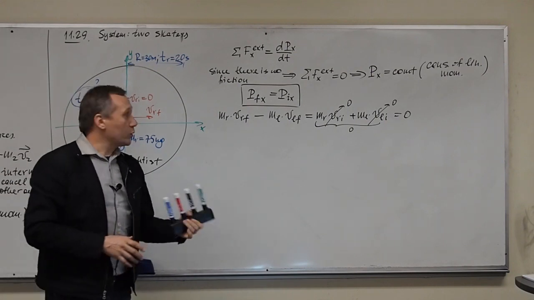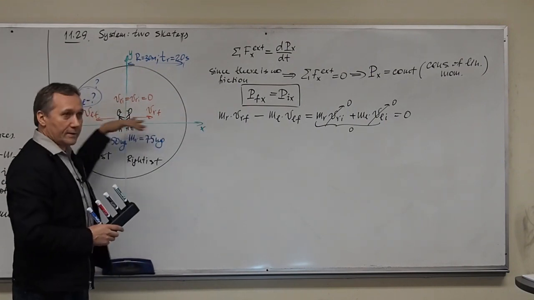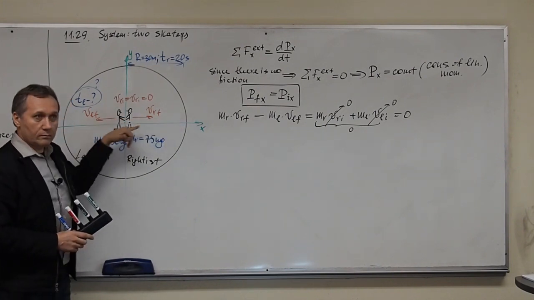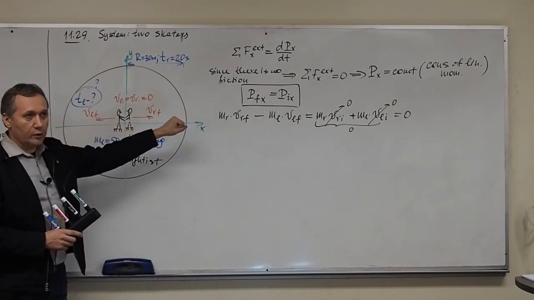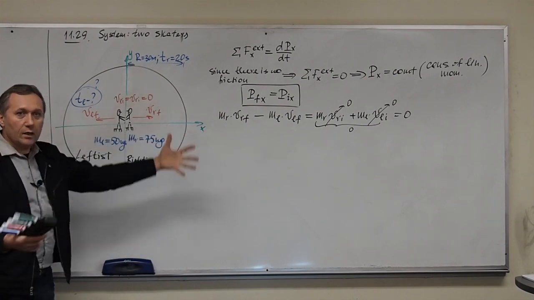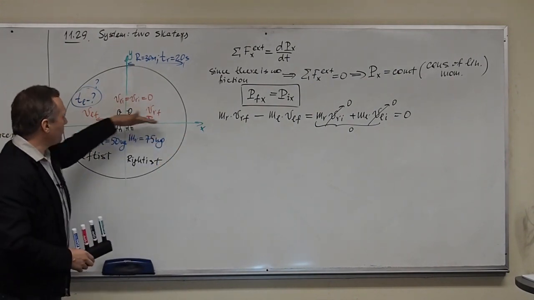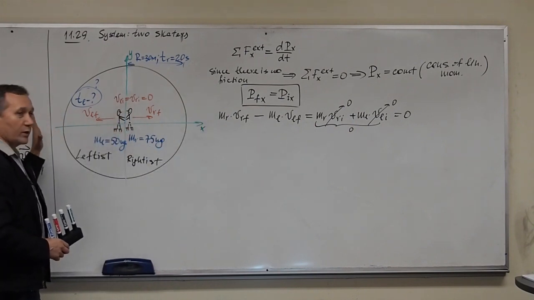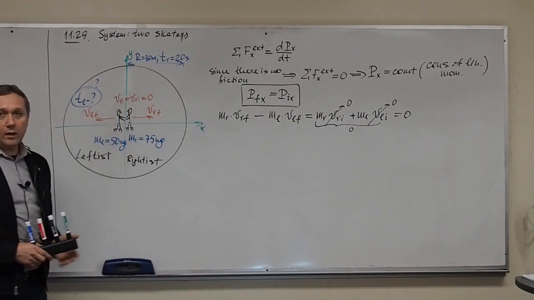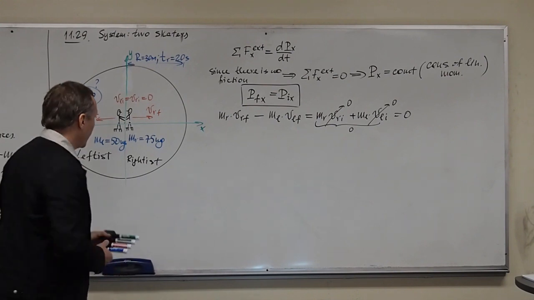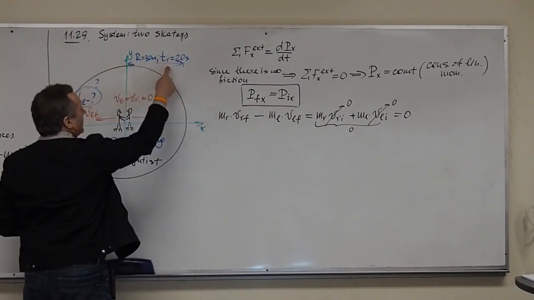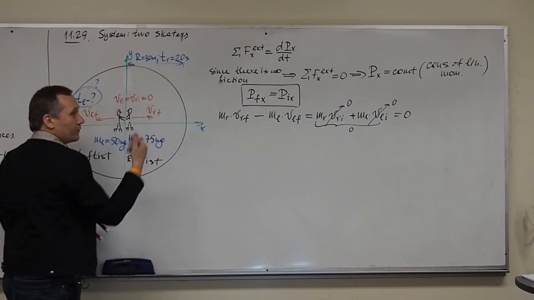Moreover, since there are no forces acting in this direction, this motion is going to be uniform translational motion. It means this right person is going to move with a constant velocity, and of course the same we can say about the leftist. So this distance R is covered in this period of time with this velocity.